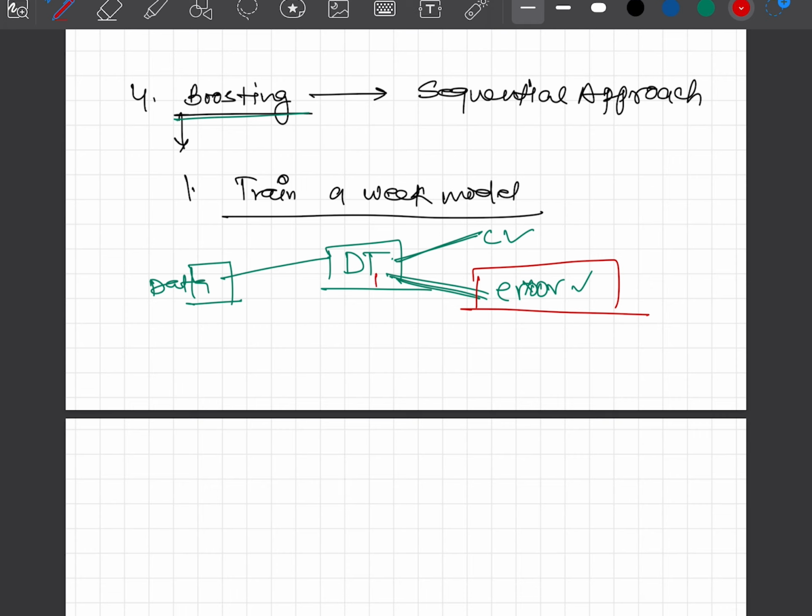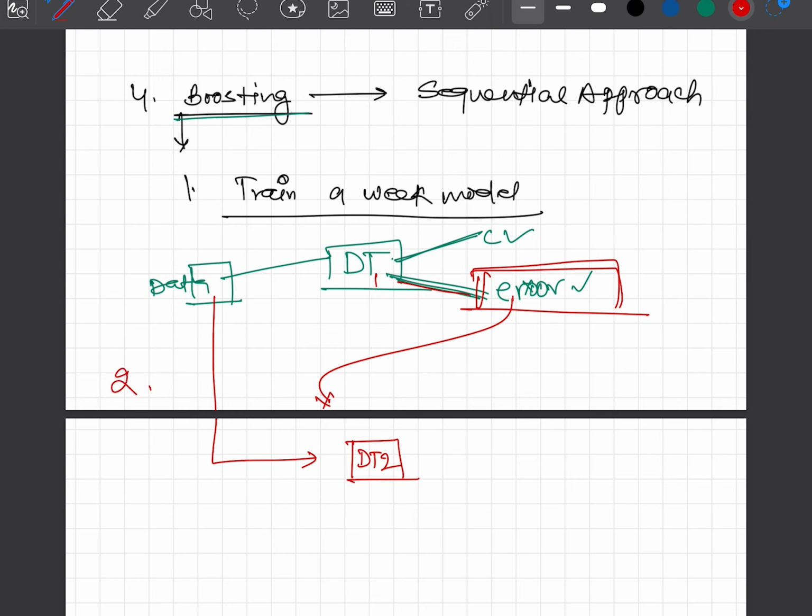Suppose this was decision tree model 1, and it made a few error points. Now the same data, along with newly added data points, will be passed to model 2, and all the error terms which decision tree 1 made will also be included. So that is the second step.